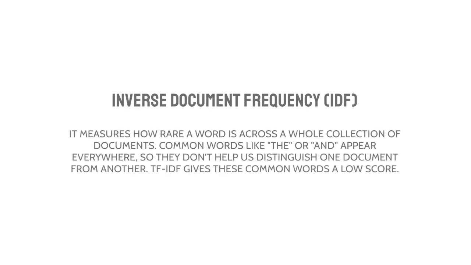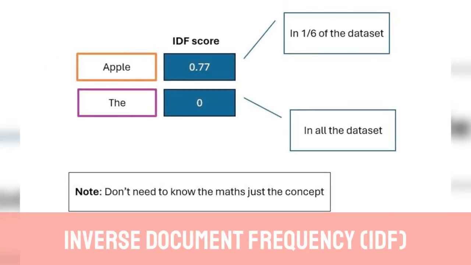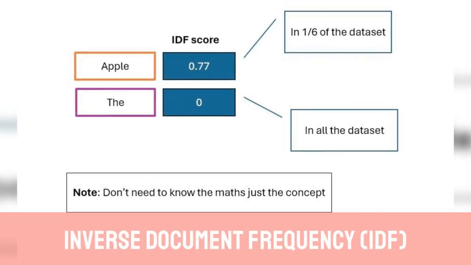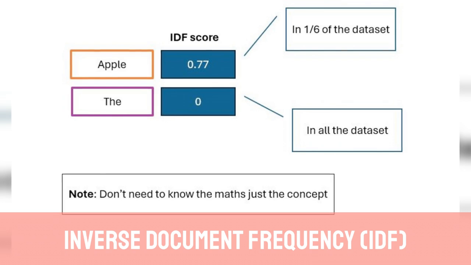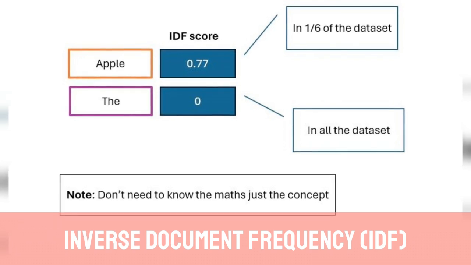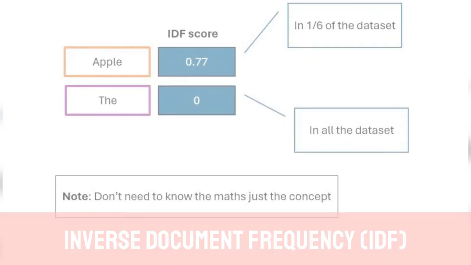This is a bit more clever. It measures how rare a word is across a whole collection of documents. Common words like the or and appear everywhere, so they don't help us distinguish one document from another. TF-IDF gives these common words a low score. On the other hand, a rare word like photosynthesis would have a high IDF score because it is very specific.